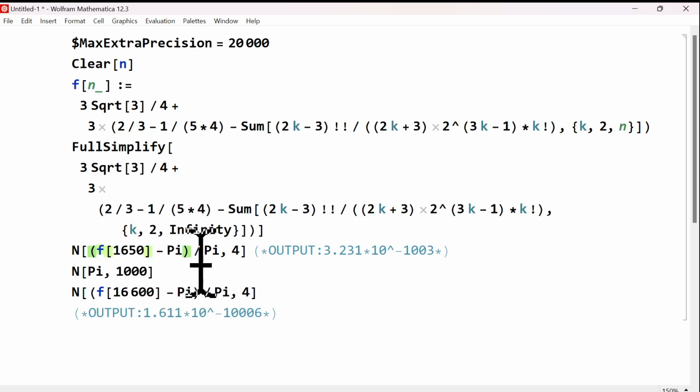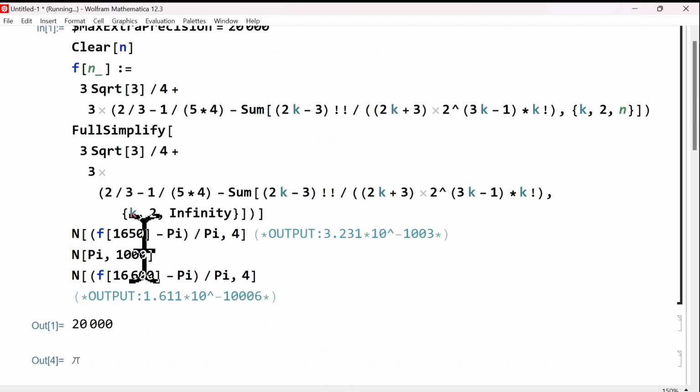I'll first give you the answer for when n equals 1,650. Next, we compute this with 16,600 terms. Okay, so let's evaluate this by typing Shift plus Enter.